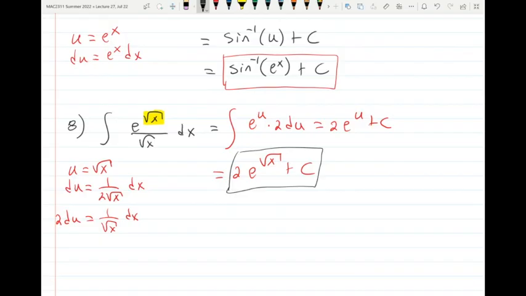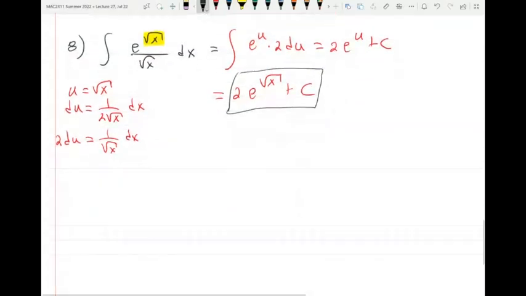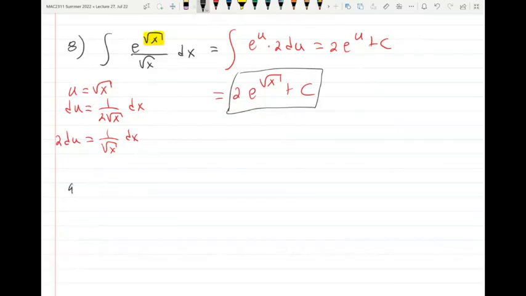I want to try something. Let me do one more. Let me call it number 9 here. How about if we have something like this? 2x plus 1 over 1 plus x squared.